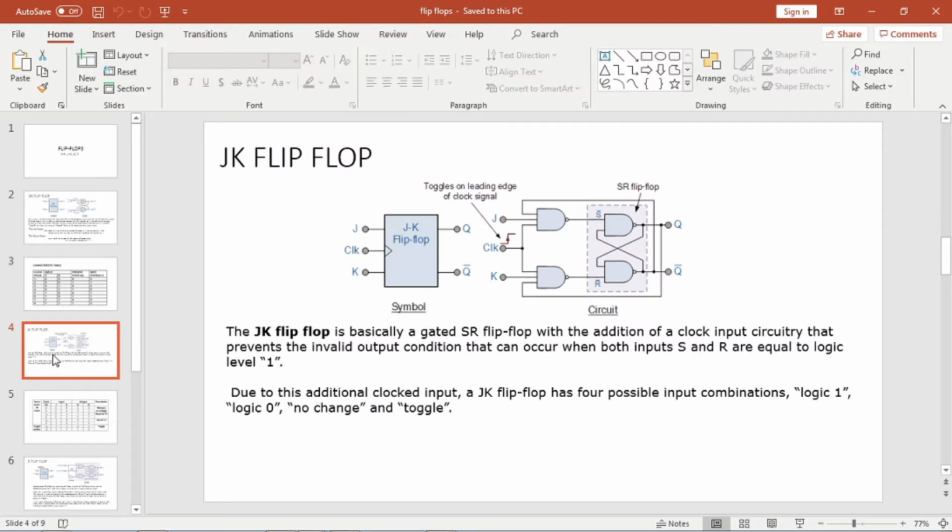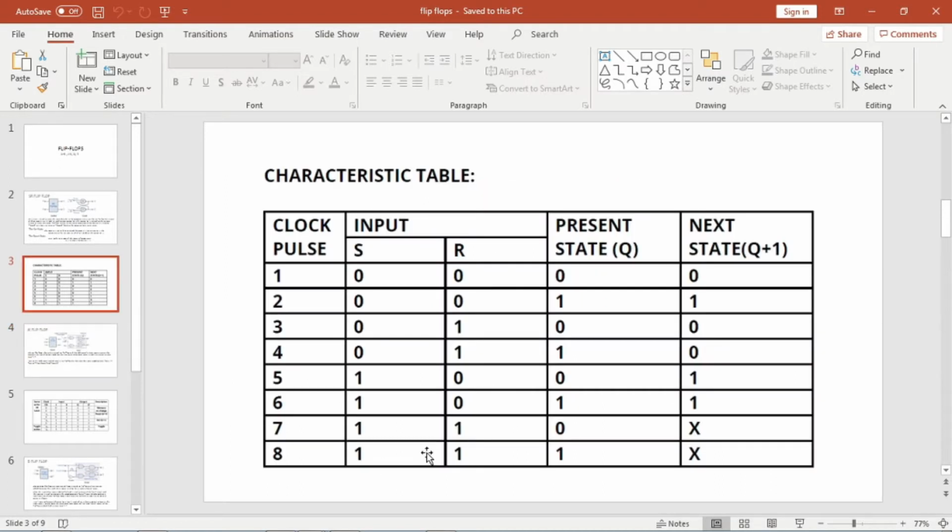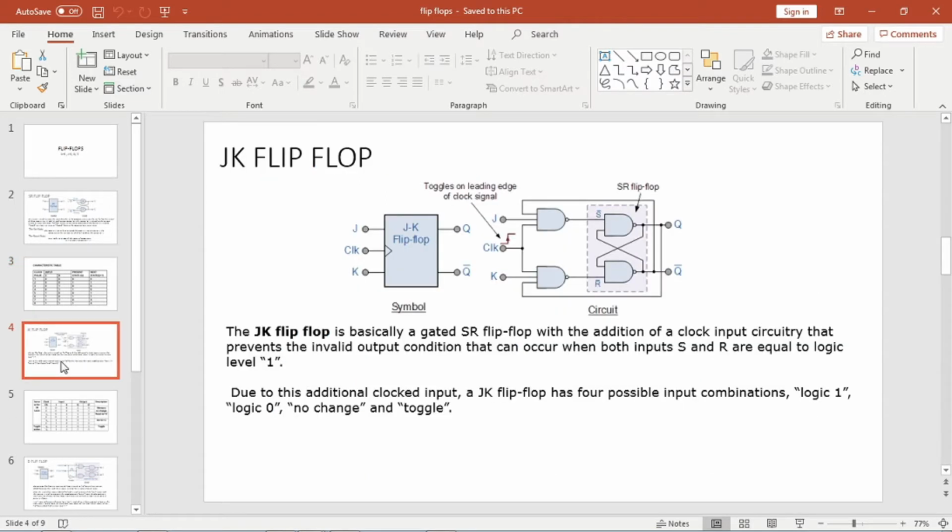Let us look into the JK flip-flop. SR flip-flop does not work for the condition 1 1, where it gives an error, invalid state. Therefore, JK flip-flop was invented, in which toggle is used using clock signals.